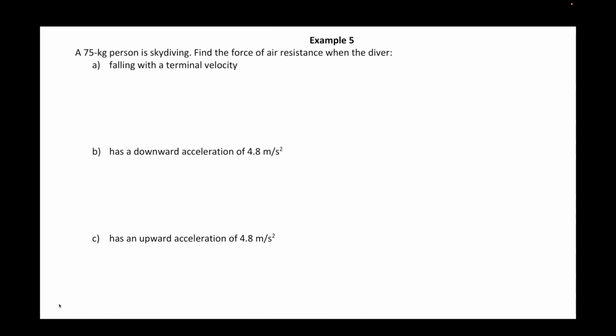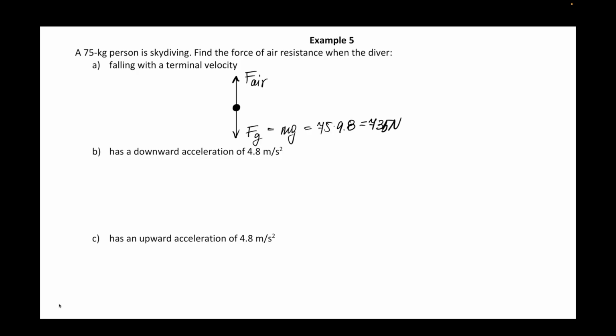Example 5 has 3 things in it. If you remember how we did force of gravity in the previous video, we talked about how during the fall with a terminal velocity, it's terminal velocity because there's no more acceleration. So force of gravity and force of air resistance are equal. Force of gravity being mg and being 75 times 9.8, that gets us 735 newtons.